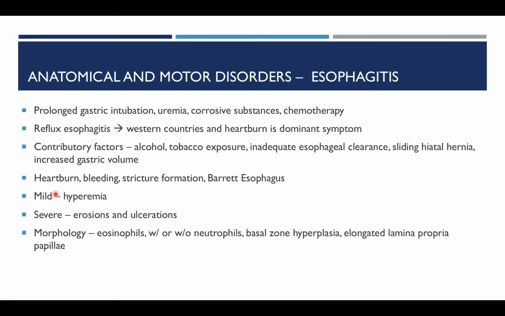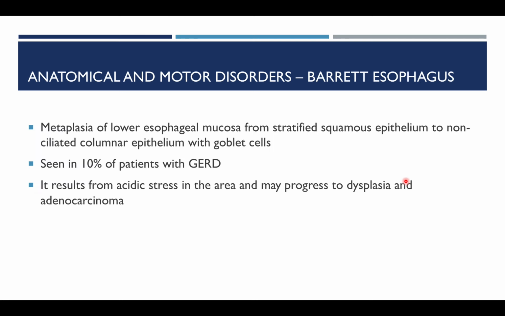Esophagitis can be mild, in which the patient will just have hyperemia, so there will just be red coloration and some inflammation of the esophagus, or it can be severe, in which the patient has erosions and ulcerations of the esophagus. In terms of morphology, patients tend to have loads of eosinophils with or without neutrophils. There is a basal zone of hyperplasia and elongated lamina propria papillae.